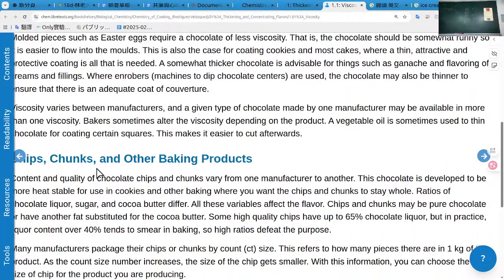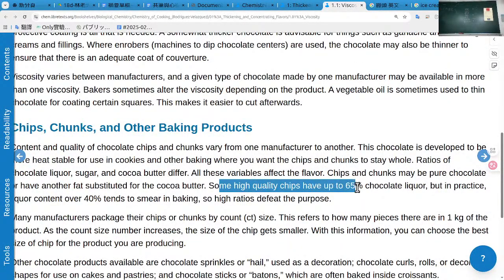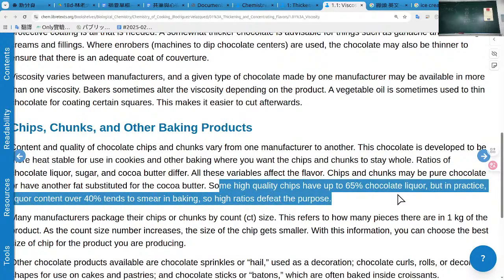And chips, chunks, and other baking products. Let me show you that some high-quality chips have up to 65% chocolate liquor, but in practice, liquor content over 40% tends to smear in baking, so the ratios defeat the purpose. On the other hand, the price may determine what material you use.